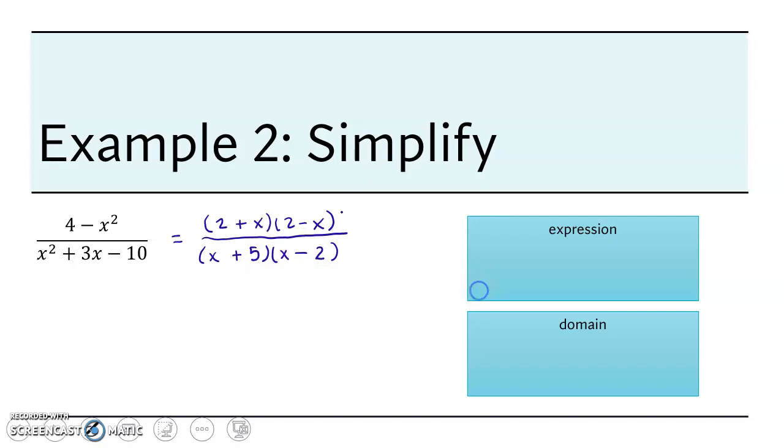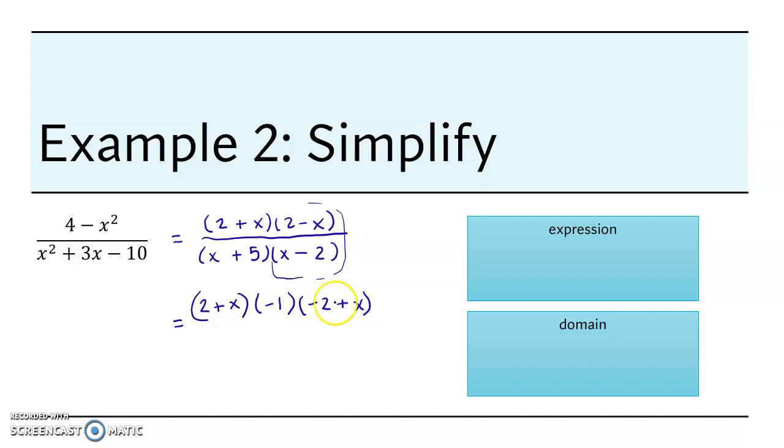Now I notice that these two factors are almost exactly the same thing, but not quite. And so I can't quite divide those to make 1, but I can change the signs on one of them so that it looks more like that. So I could say, well, this is 2 plus x, and then I'm going to take a -1 and take -2 plus x.